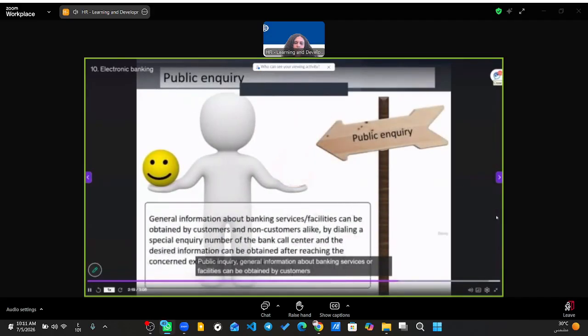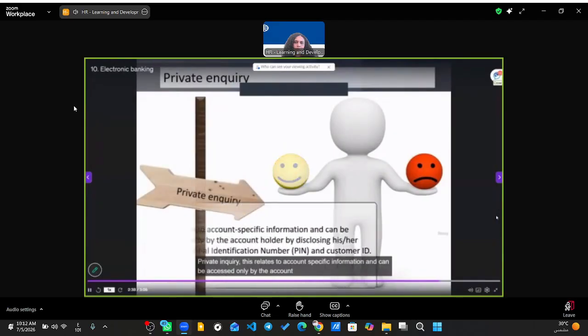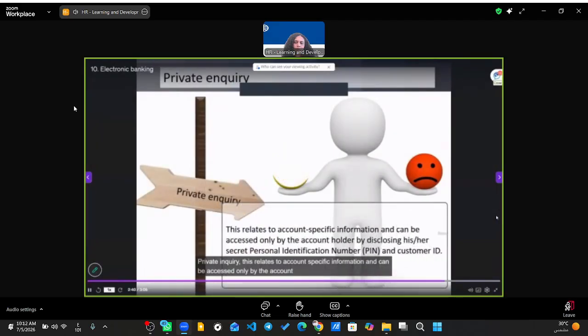General information about banking services or facilities can be obtained by customers and non-customers alike by dialing a special inquiry number of the bank call center, and the desired information can be obtained after reaching the concerned extension number or desk. Private inquiry. This relates to account-specific information and can be accessed only by the account holder by disclosing his or her secret personal identification number, PIN, and customer ID.